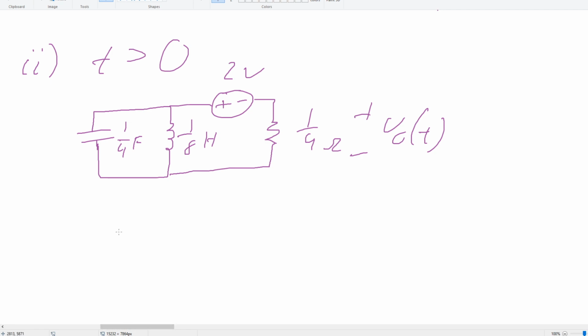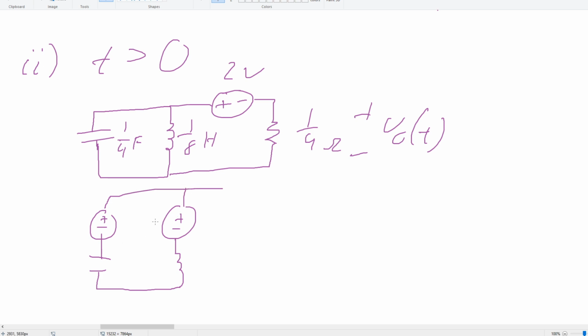The easiest thing to do would be to change it into a voltage source, right? But if you were to change it into a voltage source, it would be something like this, maybe the direction is wrong, but I'm not too sure.